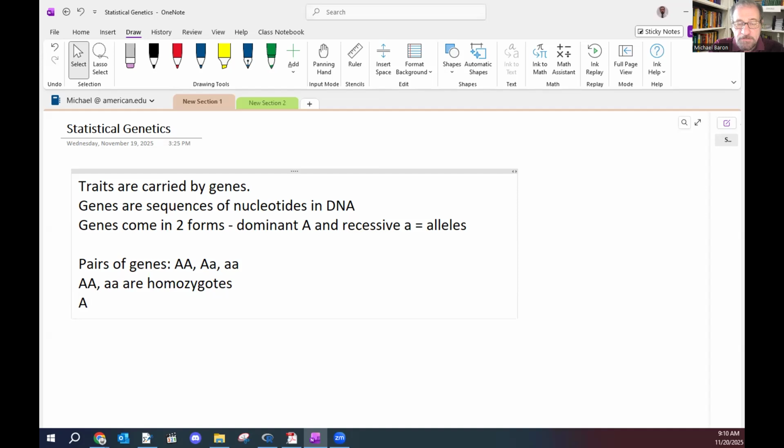And a mixed pair is a heterozygote. And each pair of genes carries some feature, some trait.